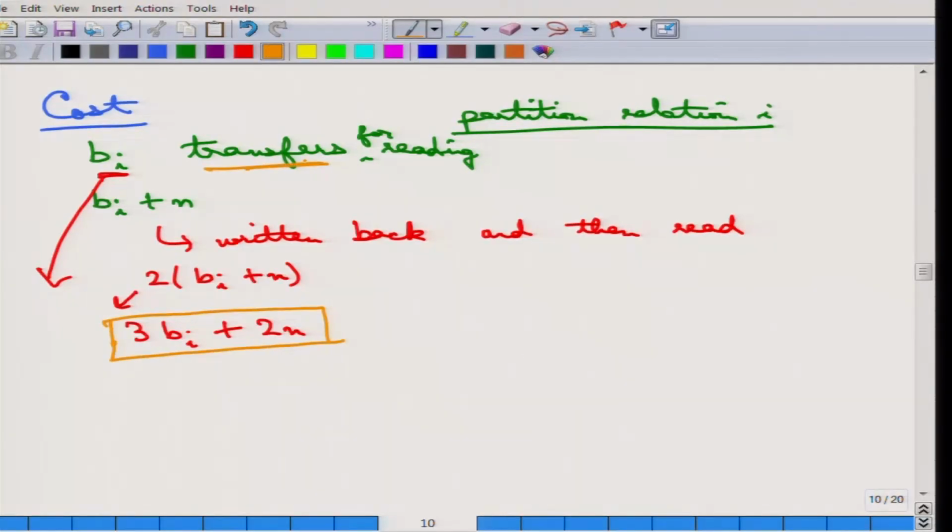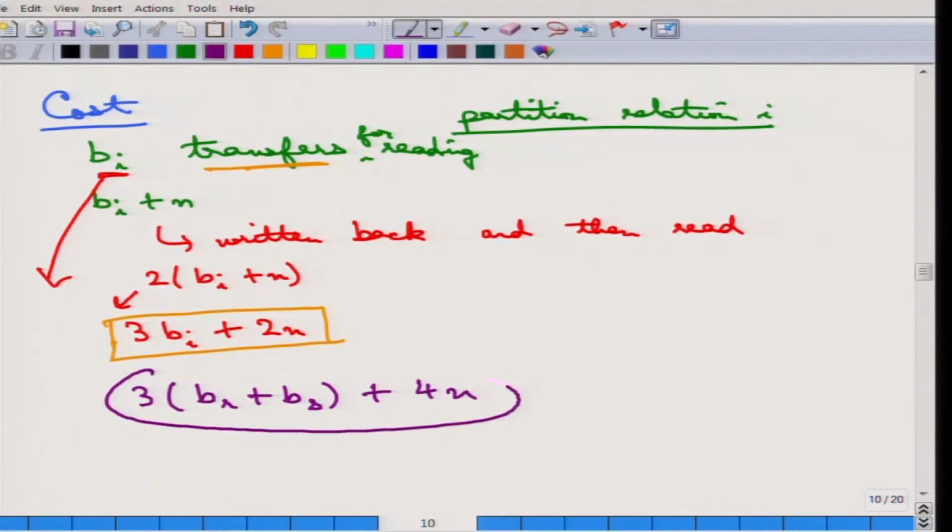We are only worried about transfers now. So the total number of transfers is 3 BR plus BS plus 4 N. This is the total number of transfers required for just the initial phase.